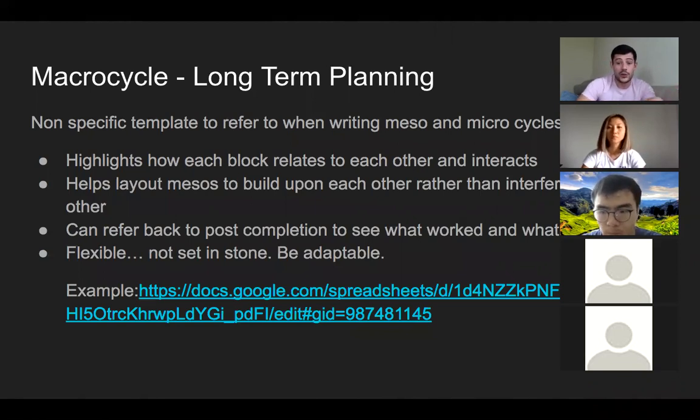The reason you wouldn't go super detailed into these is, one, whenever you make a plan, you very rarely stick to it 100%. I used to work with a few schools, and I used to write long-term programs for some of the kids, and then things would come along which you didn't expect, injuries, etc. Or, being the age I was, I didn't quite realize how much exam time would affect kids and how that would change their ability to deal with training.